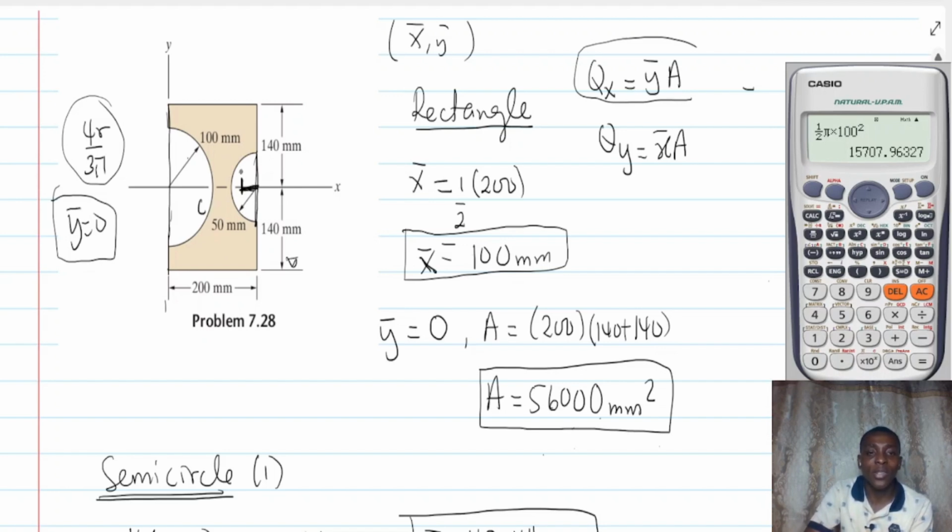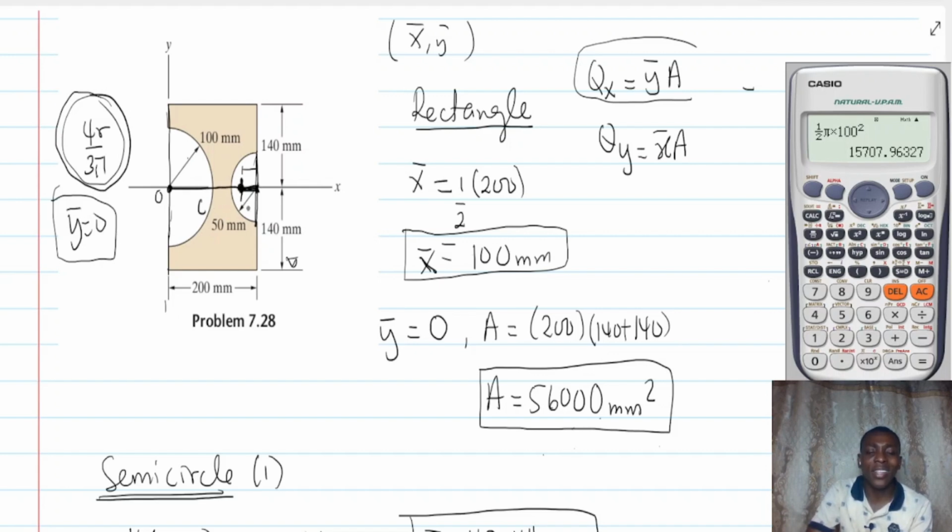The center coordinate along the x for this semicircle is going to be this distance, which is 4 times the radius. So we are going to use the same distance again, 4r over 3 pi. But that is not the x bar. The x bar is the distance from the origin to the center.